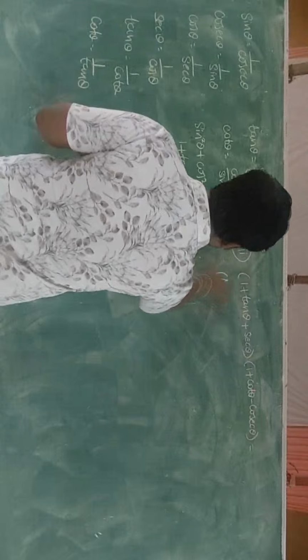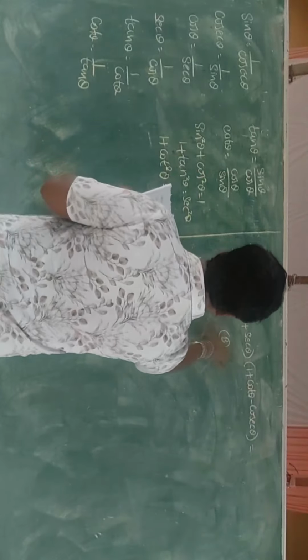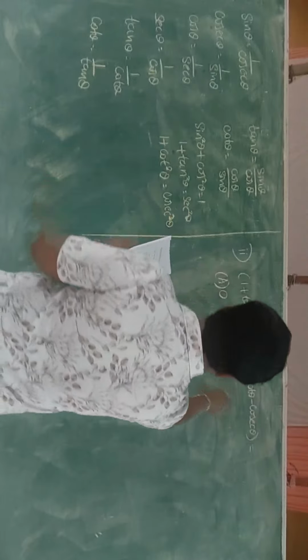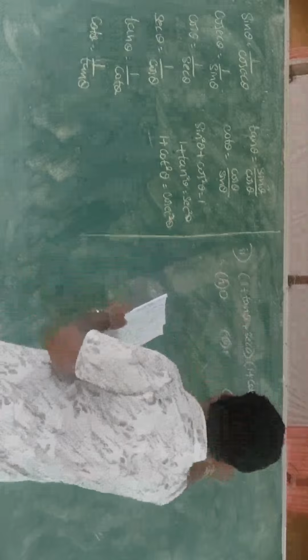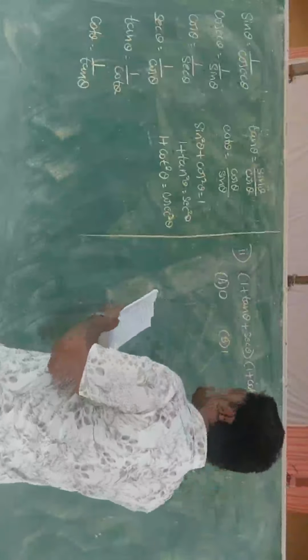Options are given. Option A is 0, option B is 1, option C is 2 and option D is minus 1.